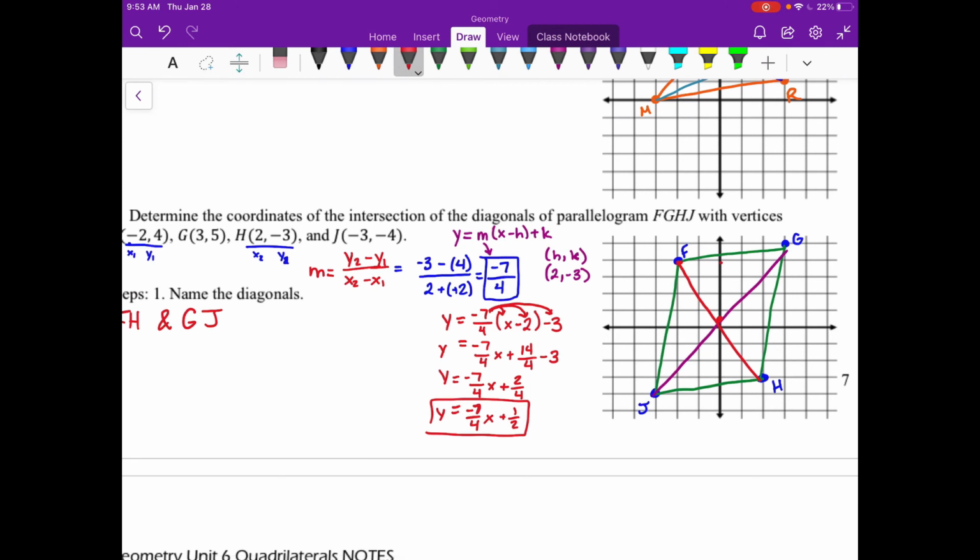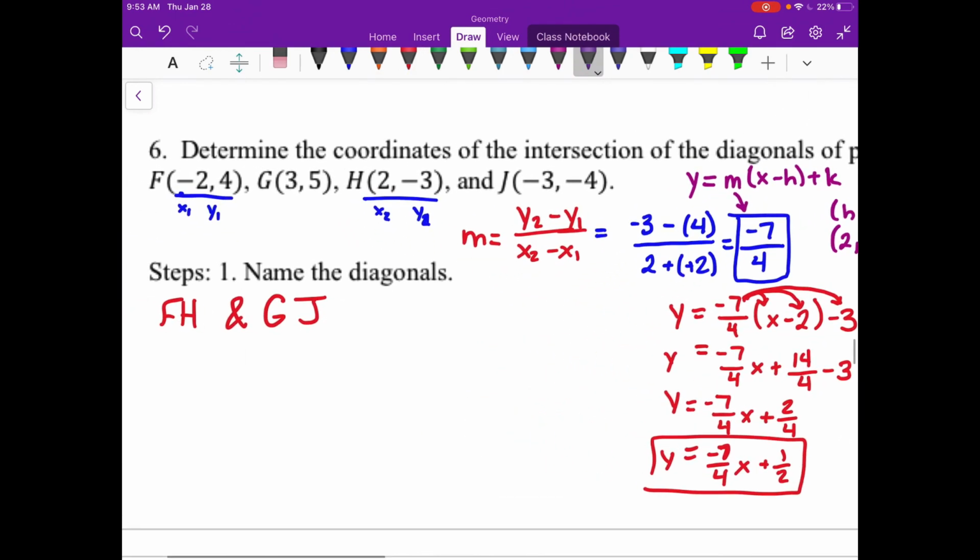Now let's find the equation of my purple diagonal. Again, I'm going to find the slope between those using my slope formula. This will be my new x1, y1, and x2, y2. So plug those in. Negative 4 is my y2, minus negative 1, which is 5, over x2, which is negative 3, minus x1, which is 3.